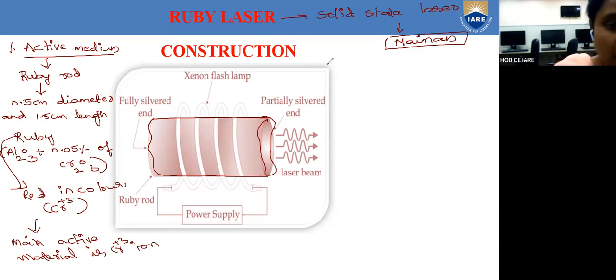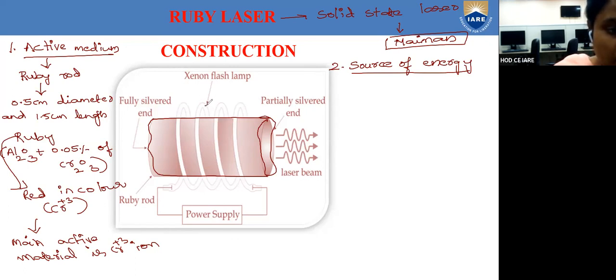Okay, students. Now the second part is our source of energy. If you look at the source of energy, as you can see, this ruby rod is surrounded by this helical tube.